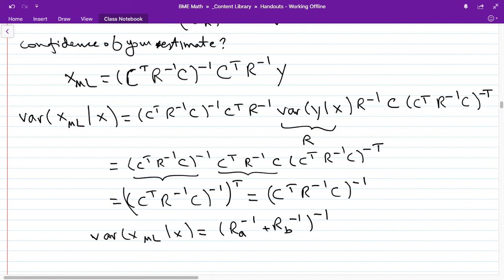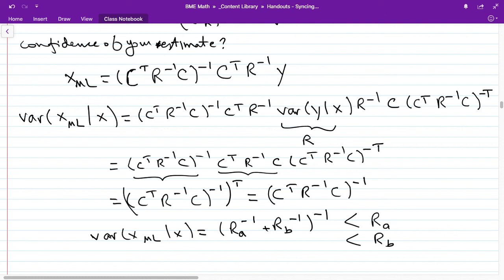So look what we're doing here. We're saying that your uncertainty about where you are is going to be less than the individual uncertainties in the measurements. So this quantity here is less than RA and less than RB. Your individual measurements had some noise, RA and RB.